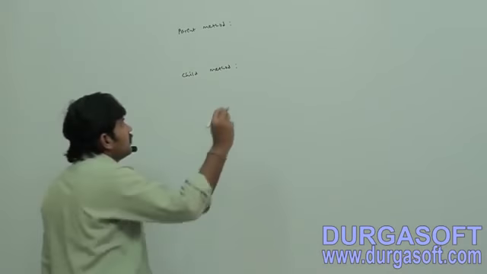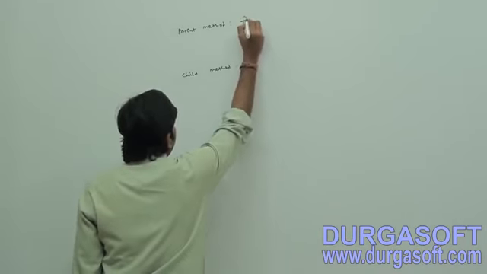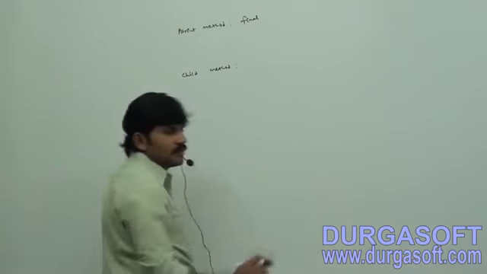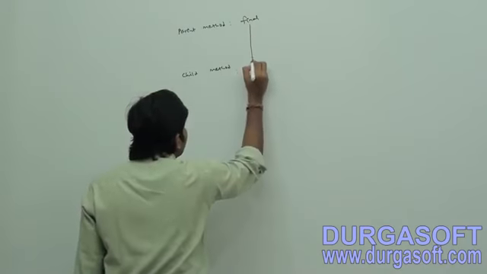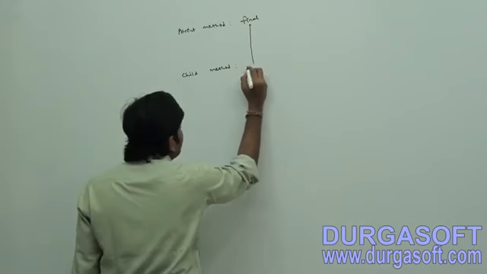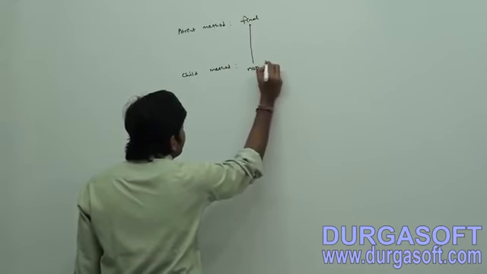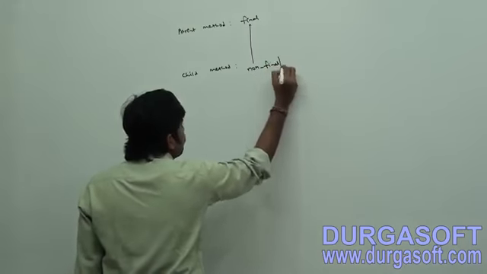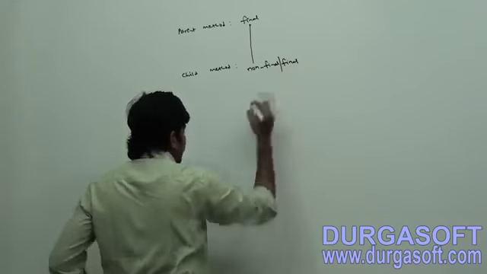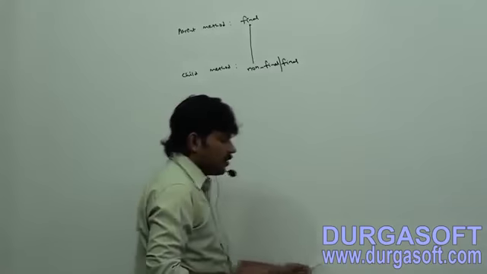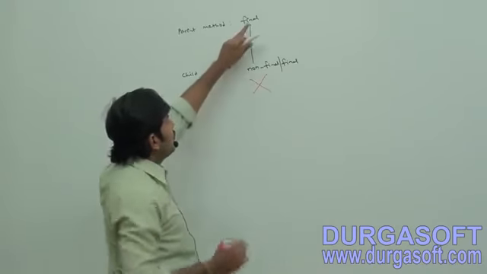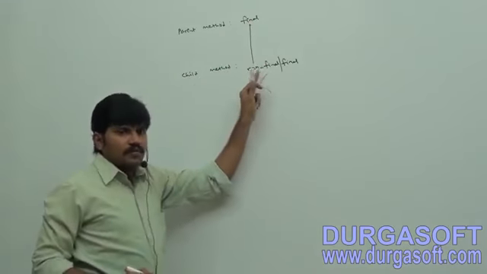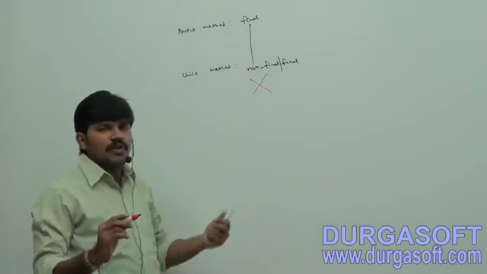Now observe: if the parent class method is final, can I override the parent class method in the child class as non-final? Possible or not possible? Either non-final or final? Not possible. We can't override final to non-final or final. Final methods we can't override.